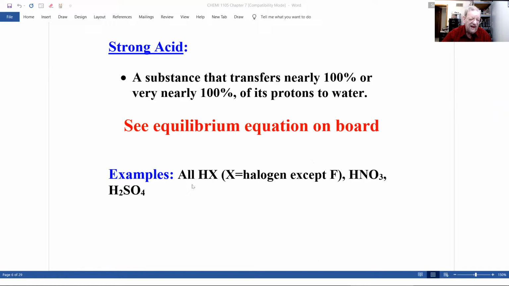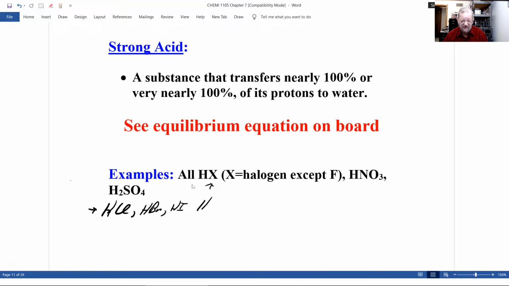Examples of strong acids, the most useful one is HCl, hydrochloric acid, and that's in your stomach. Here in organic chemistry, HX, where X is a halogen. Other strong acids are HBr and HI.